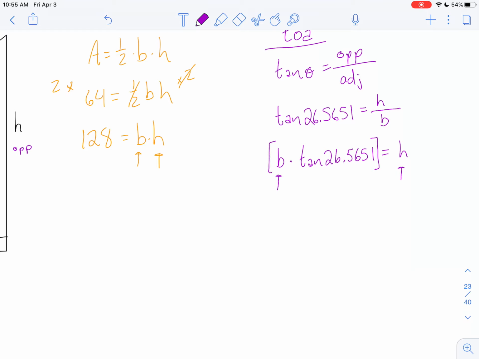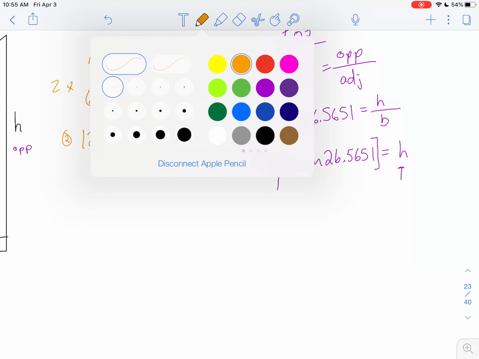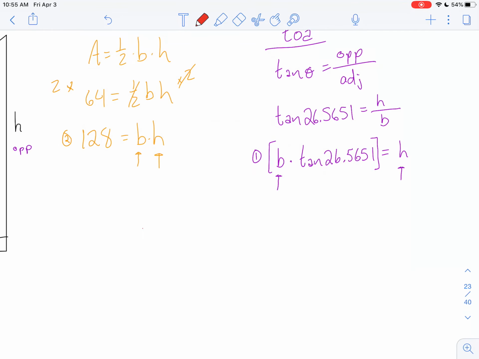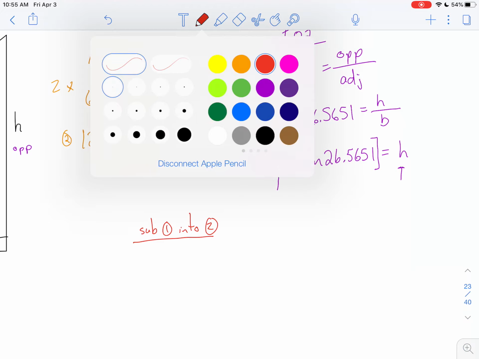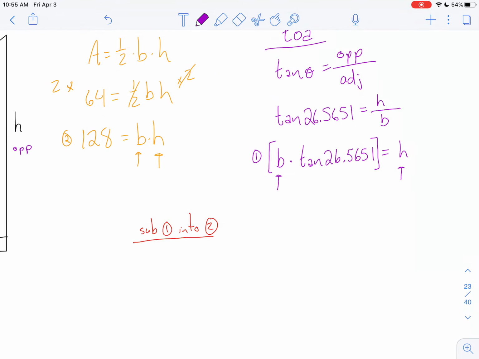I'm going to call this equation 1 and this equation 2, and write a new title called sub 1 into 2. So anywhere I see an h, I'm going to replace it with b times tan 26.5651. That's the kind of tricky part to this one.